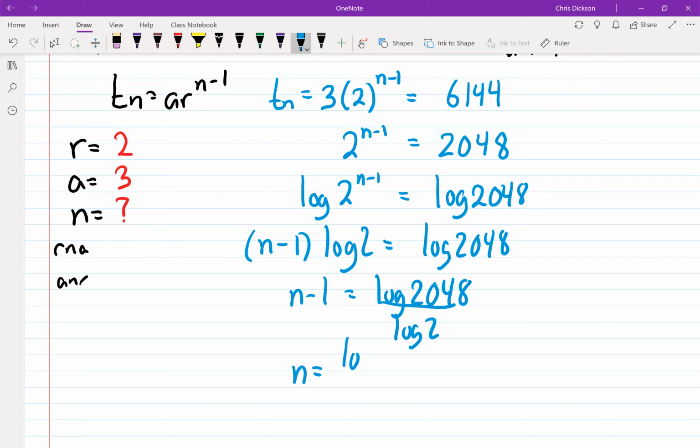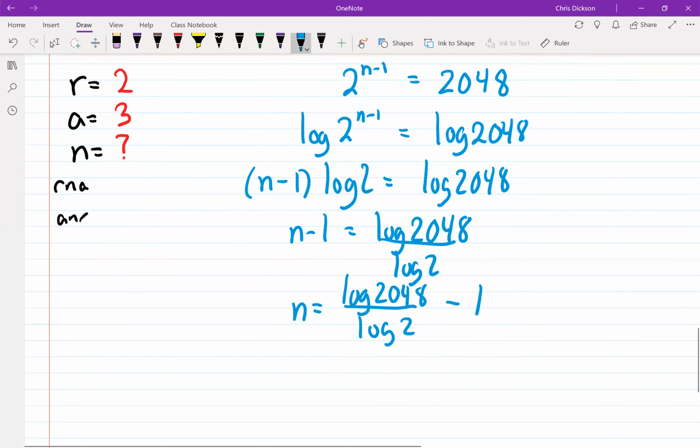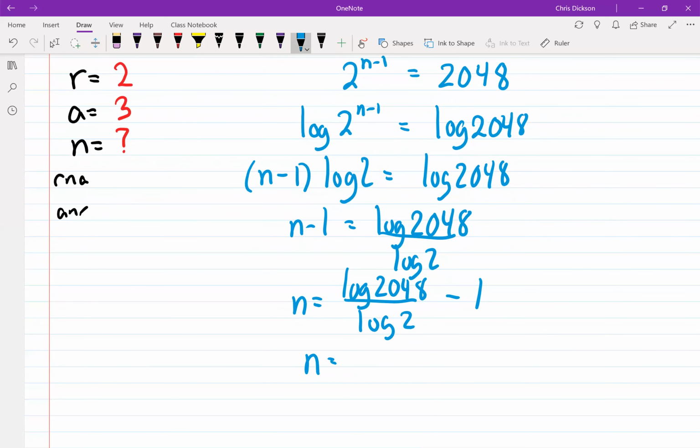So I'm going to use my calculator for this. So I'm thinking that's got to be an 11 minus 1 here. Let's just take a look here. So log of 2048 divided by the log of 2. So that is 11. So 11 minus 1, which is 10.